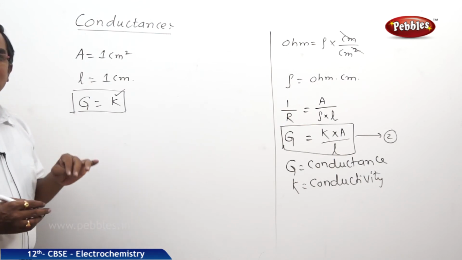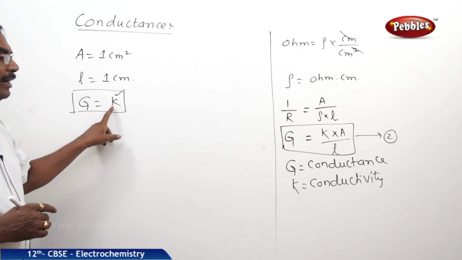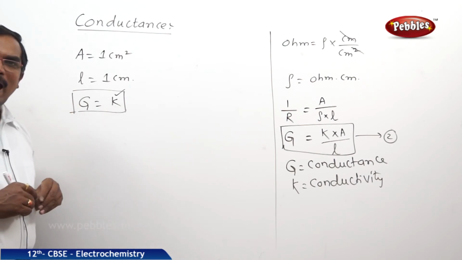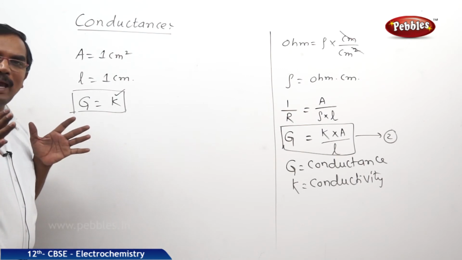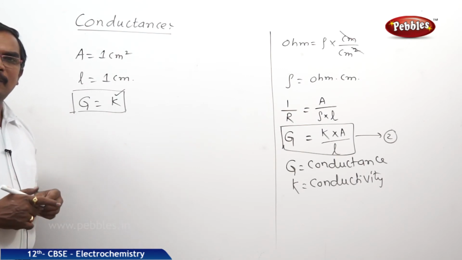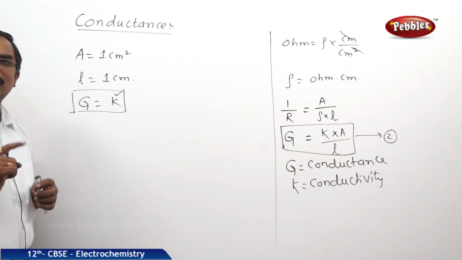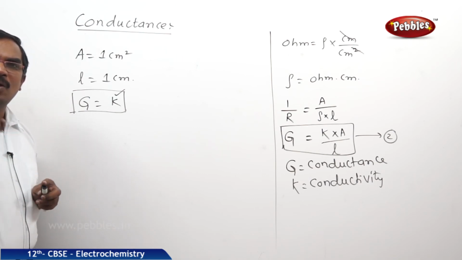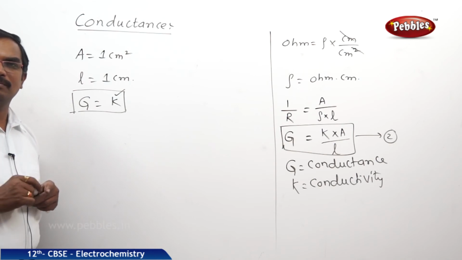Or we can also define this in a different way. The conductivity is the conductance of the solution having two electrodes separated by a distance of 1 unit and the cross-sectional area of each electrode is 1 centimeter square.